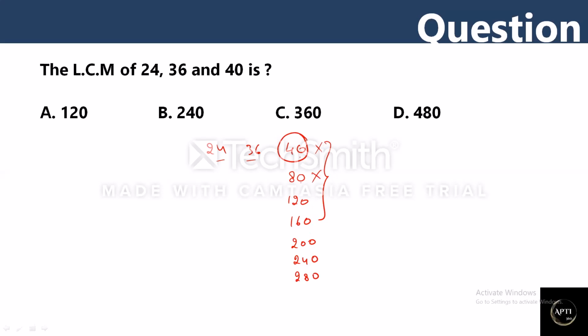We need to cross check with multiples of 40. As I said in the previous questions, our LCM should be either the highest number or a multiple of the highest number. But if you follow this approach here, it will again take a lot of time.